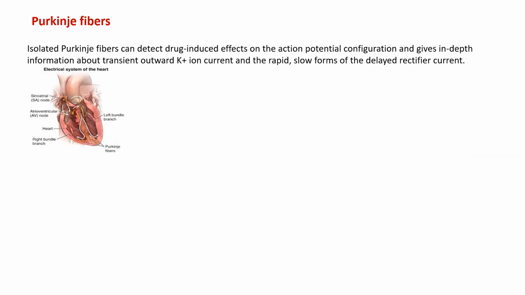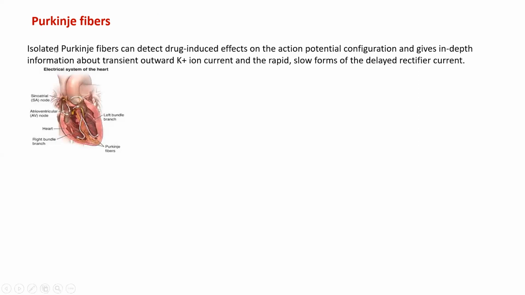They are also susceptible to developing early afterdepolarization and responses leading to the fatal torsade de pointes. Some studies suggest that many ventricular arrhythmias are actually initiated in the Purkinje fiber conducting system.